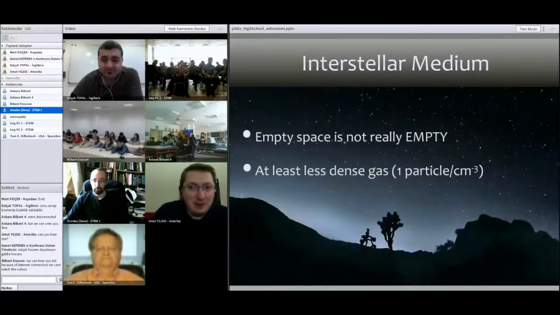So as I said, when you look at the sky in the dark, we think, oh my God, it's empty space, it's dark, black. But the thing is, empty space is not really empty.